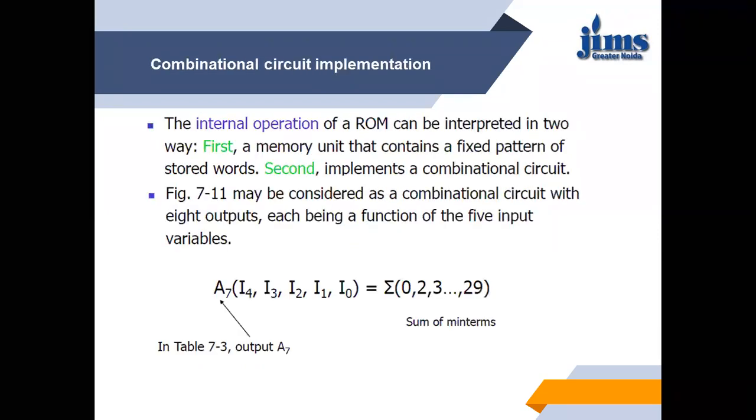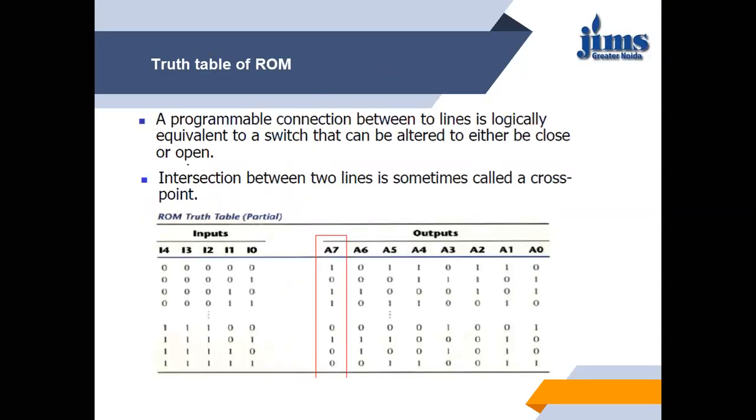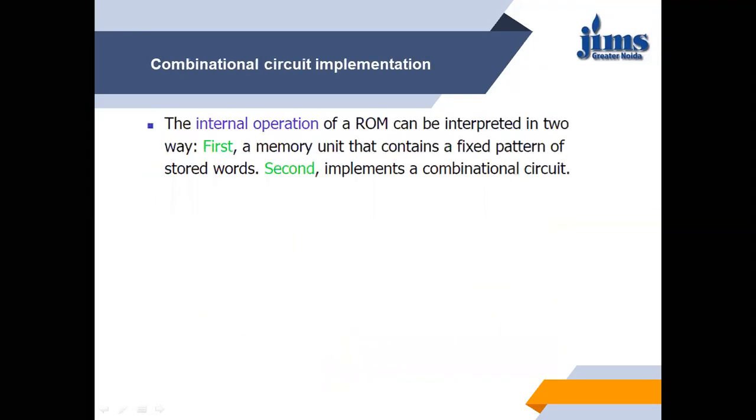So A7 has the inputs I4, I3, I2, I1, and I0, and it is the summation of min terms 0, 2, 3, 29. So here min terms are 0, next is 2, that is 0 0 0 1 0, which is 2, then 1 1 is 3, and 1 1 1 0 1 is 29. So this is the way it is represented.